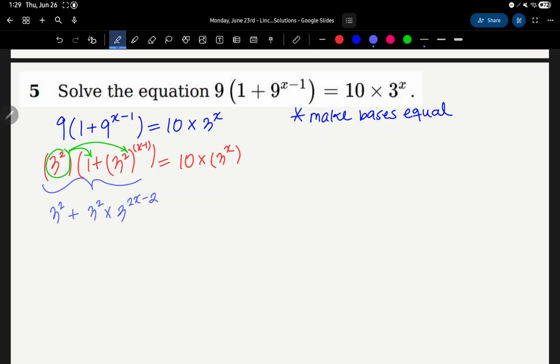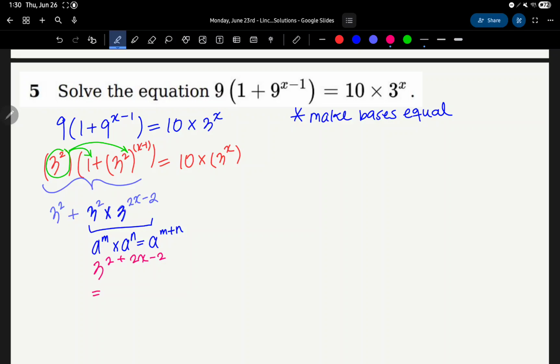And from there on, we are going to use the exponent rules, so indices rules. When we're multiplying together and we have the same base, what can we do? We can add the powers up, right? That's the indices rule. So we can do 3 to the power of 2 plus 2x minus 2.